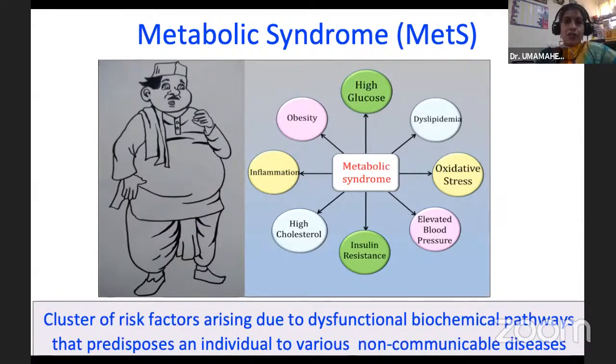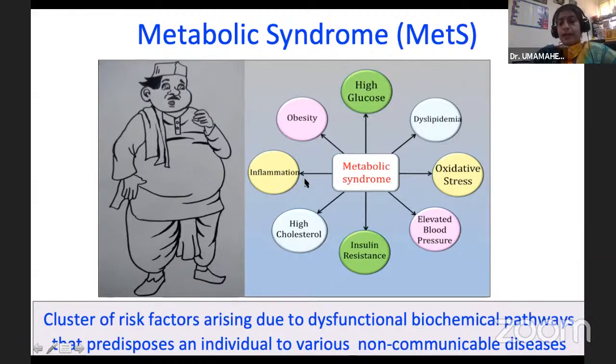So primarily, it is not one particular disease. It is actually a group of risk factors that are primarily arising because of some kind of metabolic disorders. And as a result of these disorders in the metabolism, an individual can develop other diseases which are primarily non-communicable.